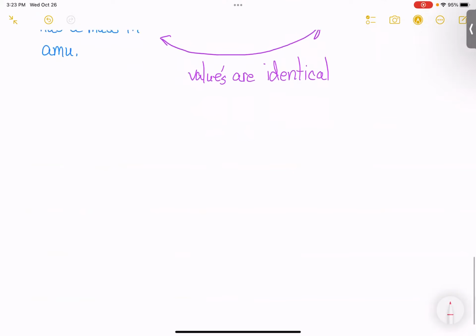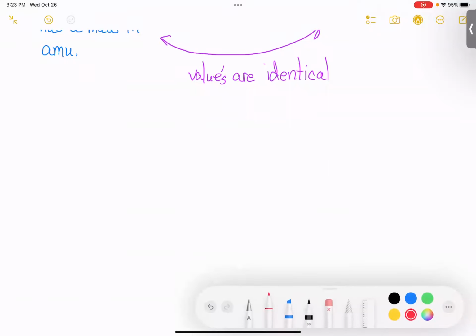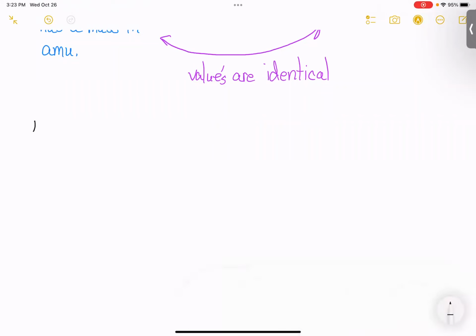Okay, so now let's move on to talking about our compounds. We've developed the formula for compounds. Let's move on to talk about those. Chemistry follows the law of conservation of matter.